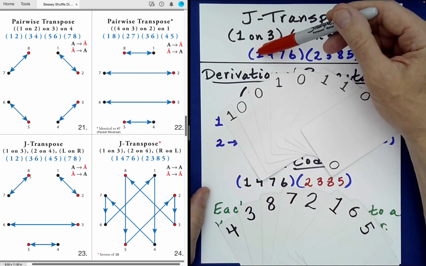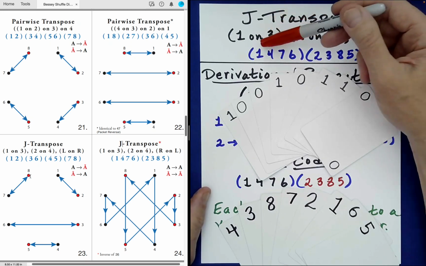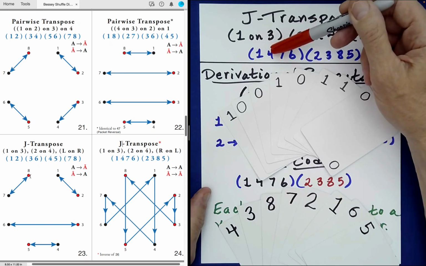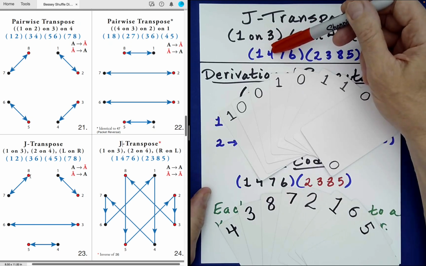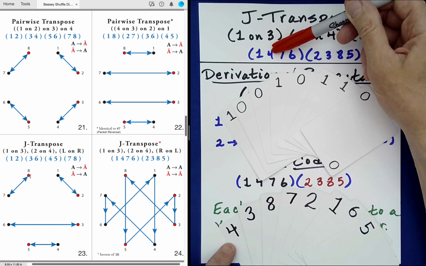So we have a 1 going to a 4. What does that mean? That means first place is now going to what was in the 4th position. Is that true here? Has the first position been replaced by what was in the 4th position? It most certainly has, because we began with the order packet 1 through 8.